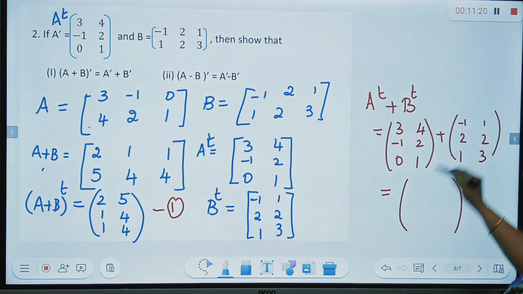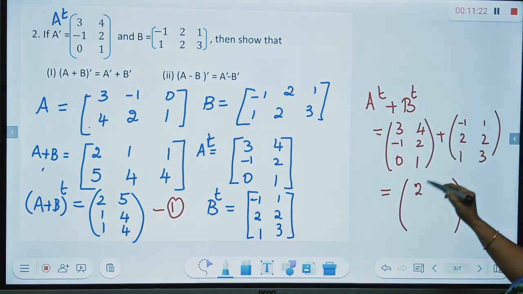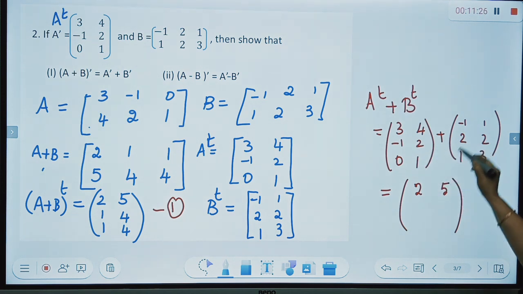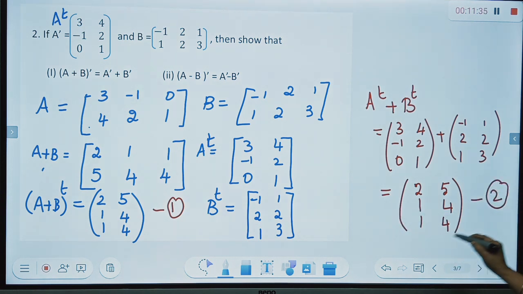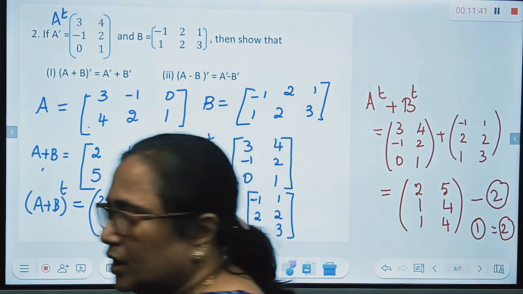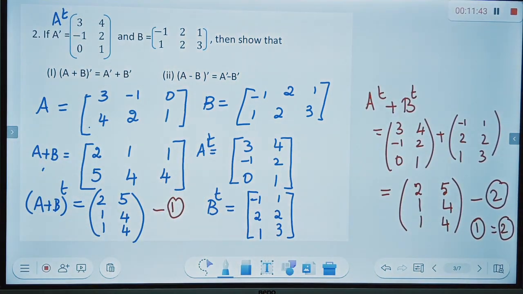So when I add, what will I get? 3 minus 1, 2, 4 plus 1, 5, -1 plus 2, 1, 2 plus 2, 4, 0 plus 1, 1, 3 plus 1, 4. So you can see 1 equal to 2. So (A + B) transpose equals A transpose plus B transpose.